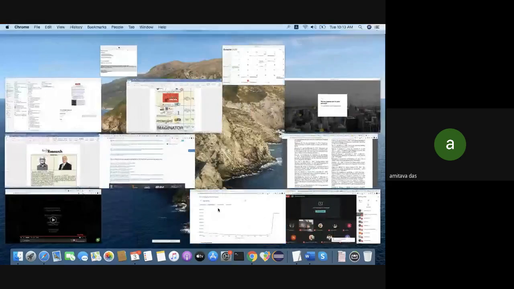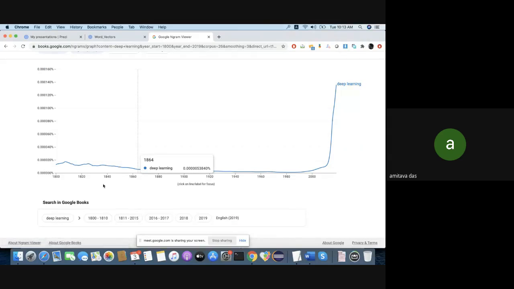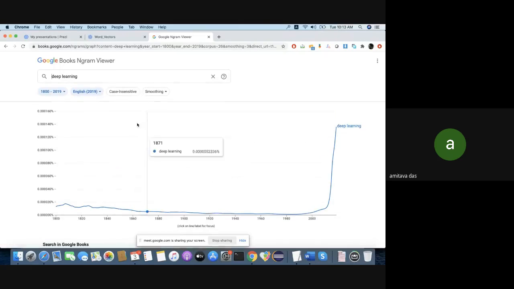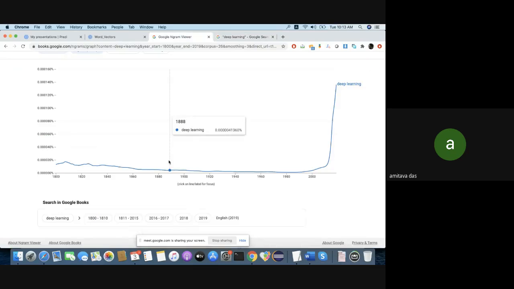Okay, let us pause here. You can play with this. It is available online, just search Google Ngram Viewer and so on. But that's not the point. The point is the corpus is actually available here.